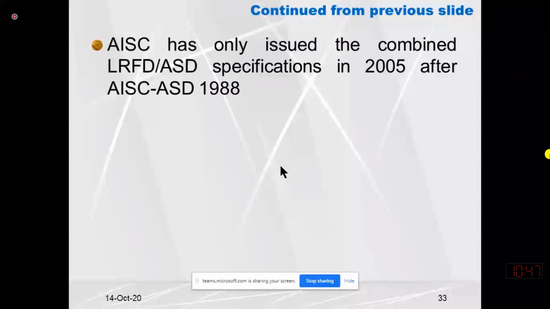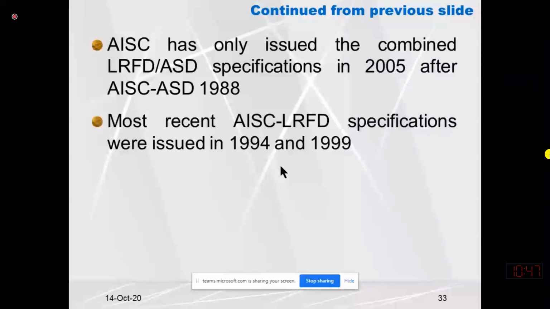They gave examples for the design of a particular member by adopting the ASD method and LRFD. The most recent AISC LRFD specification has now been revised in 2018. So this line you can discard. This specification has been revised in 2018.